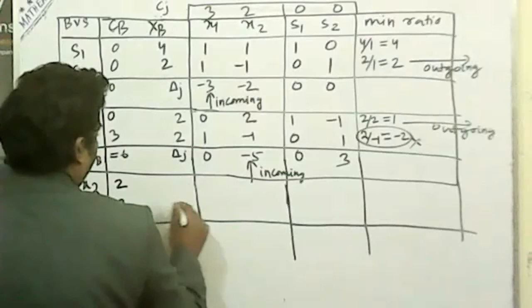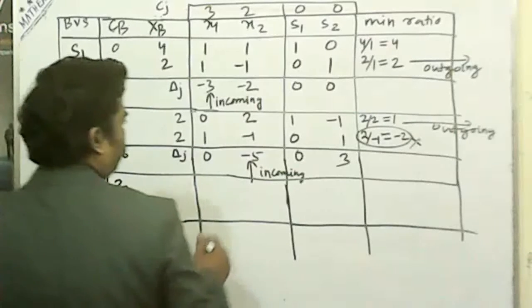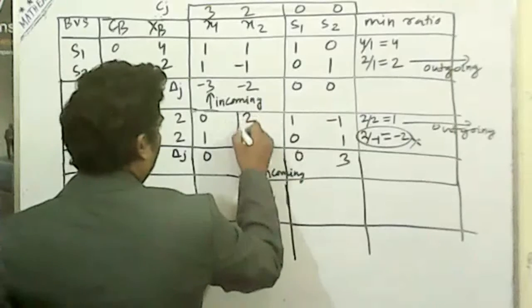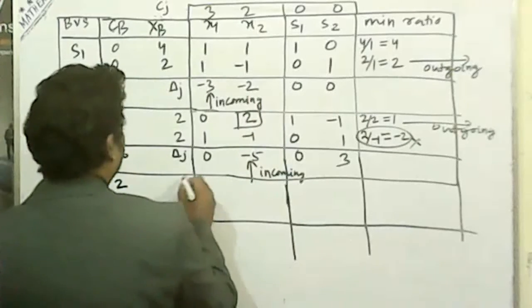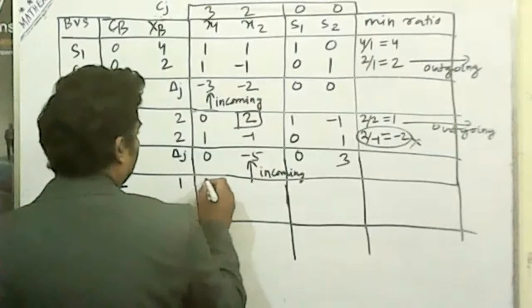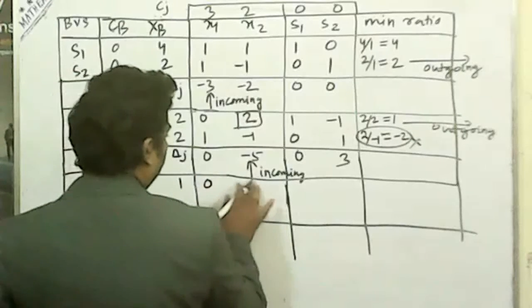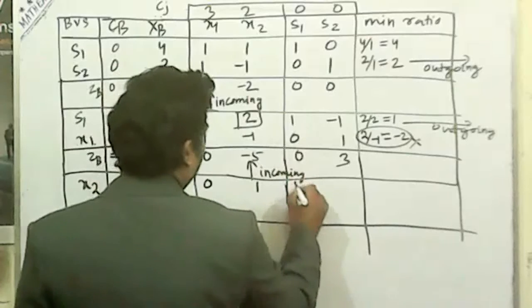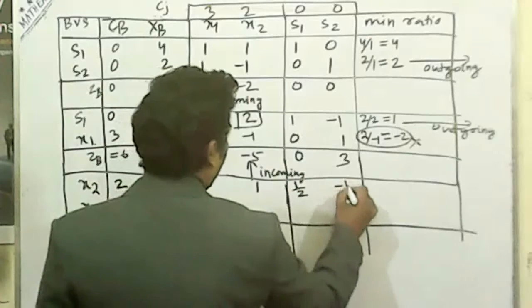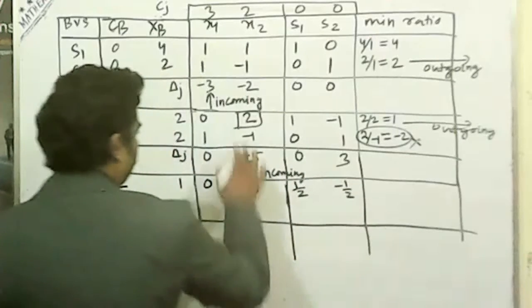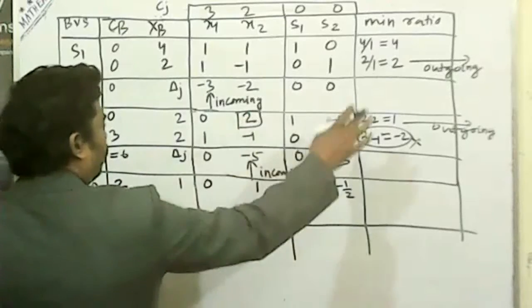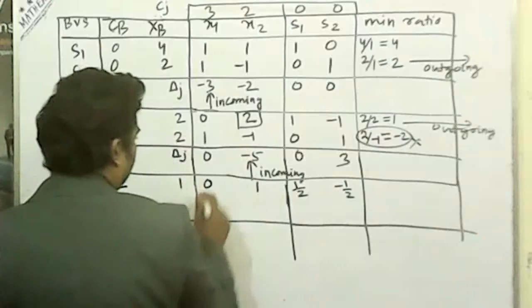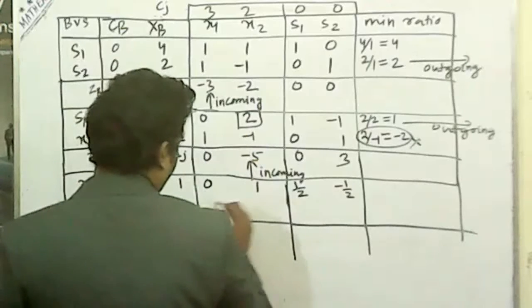Now this is the pivotal element, and to make it 1, we divide by 2. This is 2 by 2, 1. This is 0. This is 1. This is 1 by 2. This is minus 1 by 2. So we divide the row by 2. Now here make it 0.